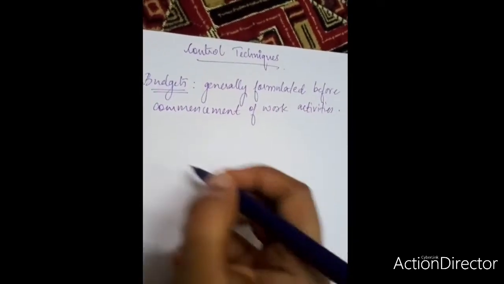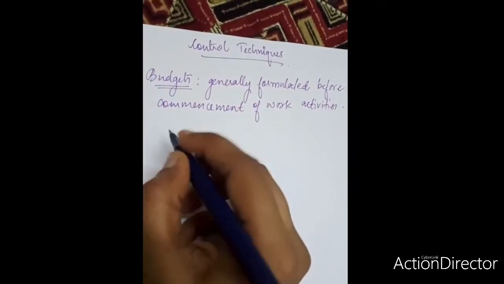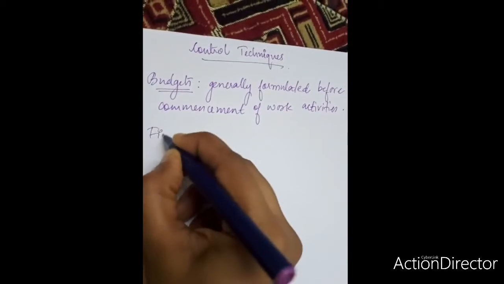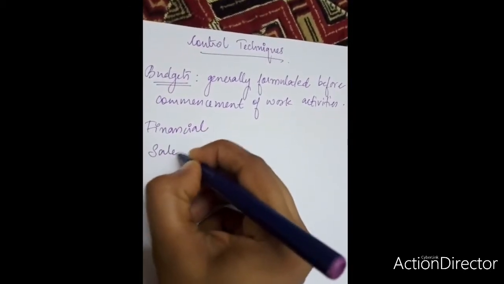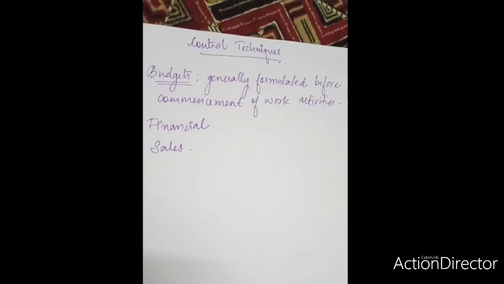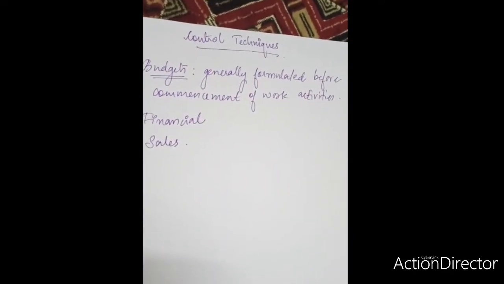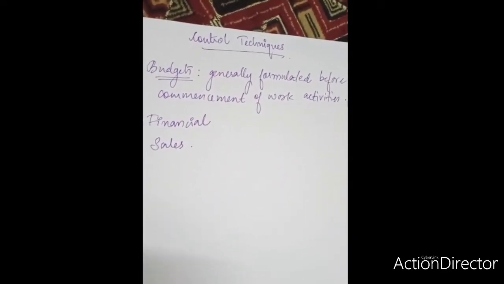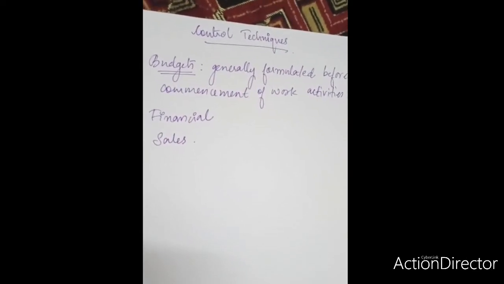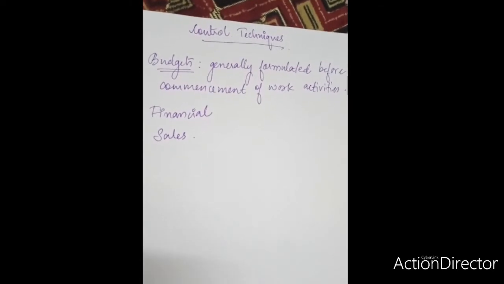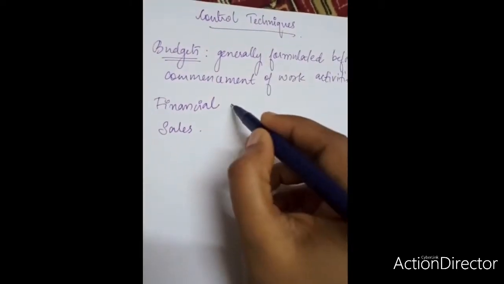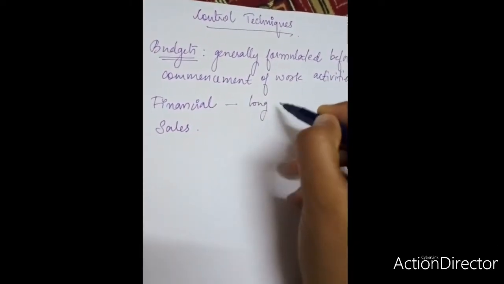So there is the capital expenditure budget or financial budget, and sales budget. Financial budgets specify the amount of money to be spent on items that have long-term use, such as lands, buildings, etc. Okay, financial budgets are for long-term use.